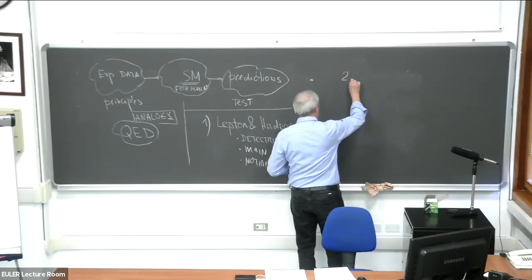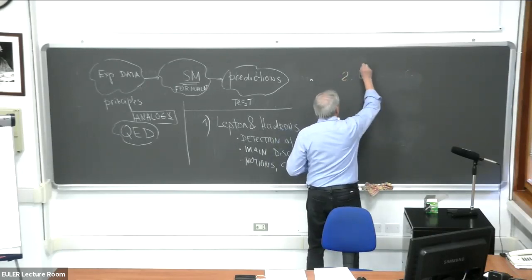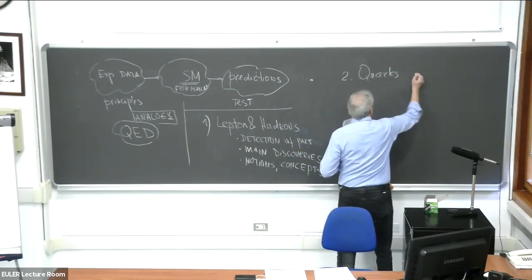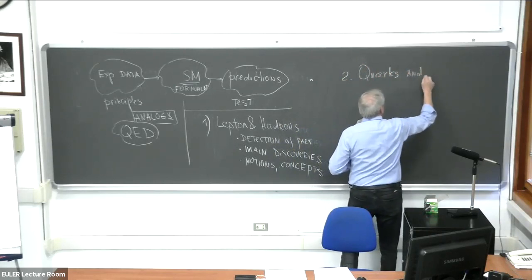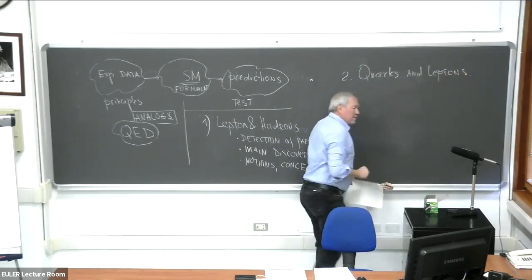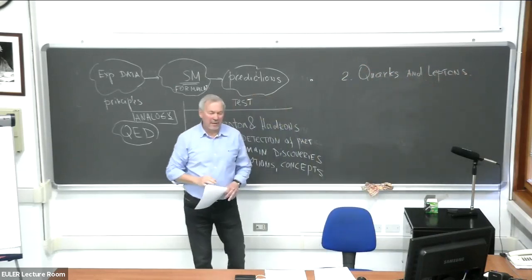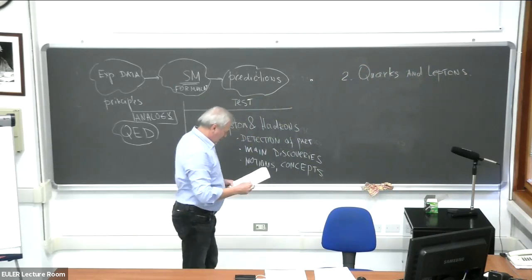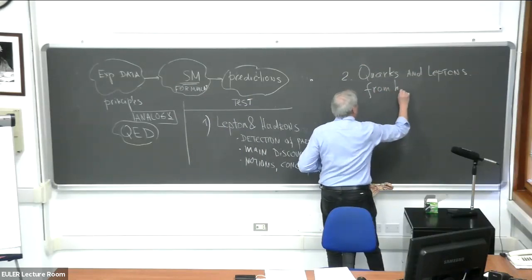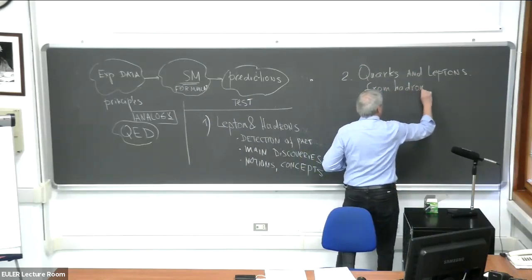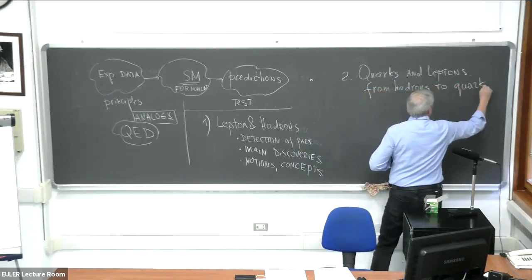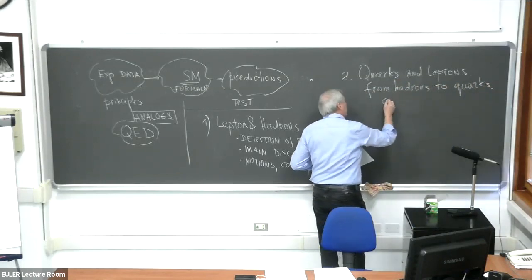The second part is quarks and leptons. In this part, we will go from the hadron level to the quark level. And also I will discuss quark-lepton symmetry.